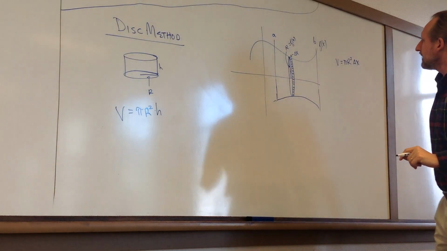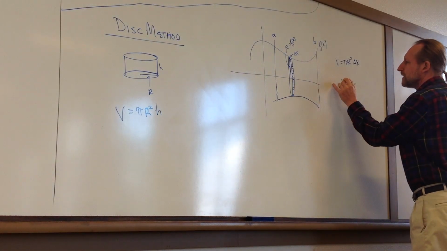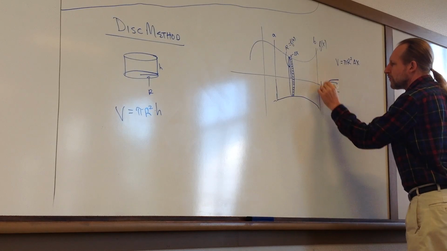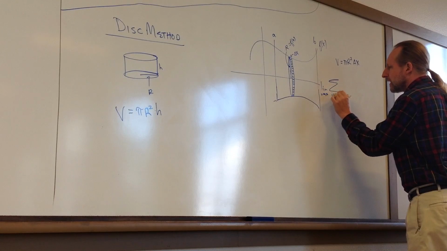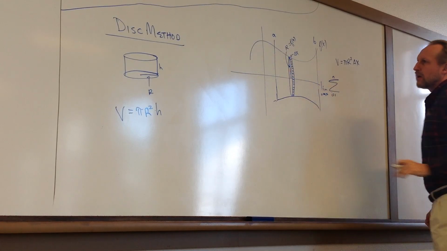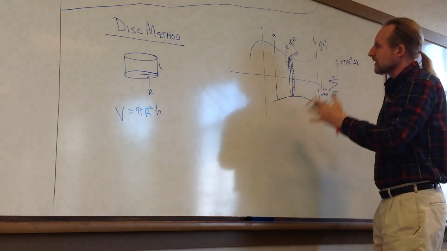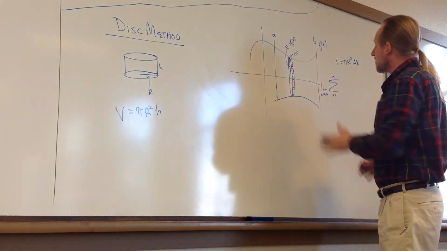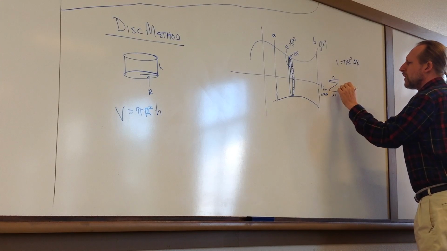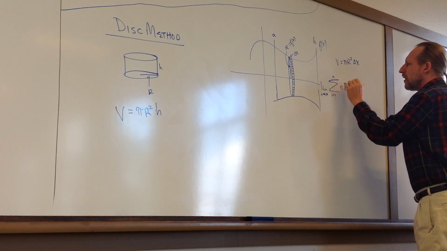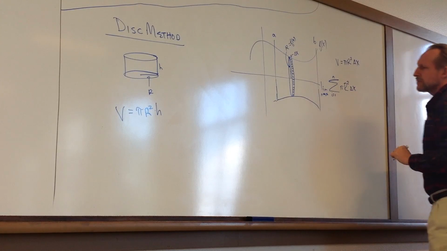And then the idea here is that we're going to sum all of these up. We're going to take the limit as n goes to infinity. We're going to take n of these little cylinders, calculate their volume, stack them all up, and then add them together. We'll call this pi r squared delta x.